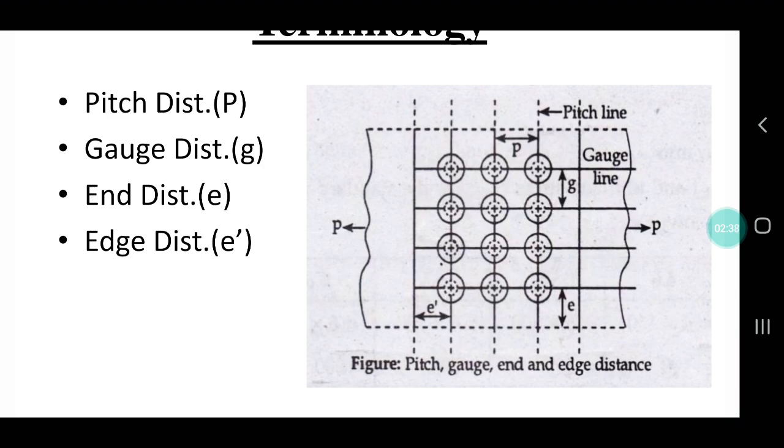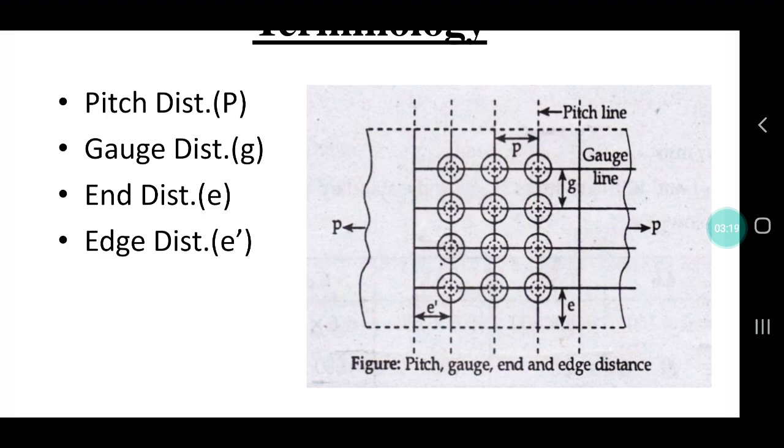I forgot to refer here, there is a P, arrows on the left or right side of the figure or plate, which is showing the force notation, like the force acting in tensile direction of a value P. This arrow shows the direction of the load, and the center to center distance between two bolts in the direction of load or force is known as the pitch distance. So it is the distance between two bolts.